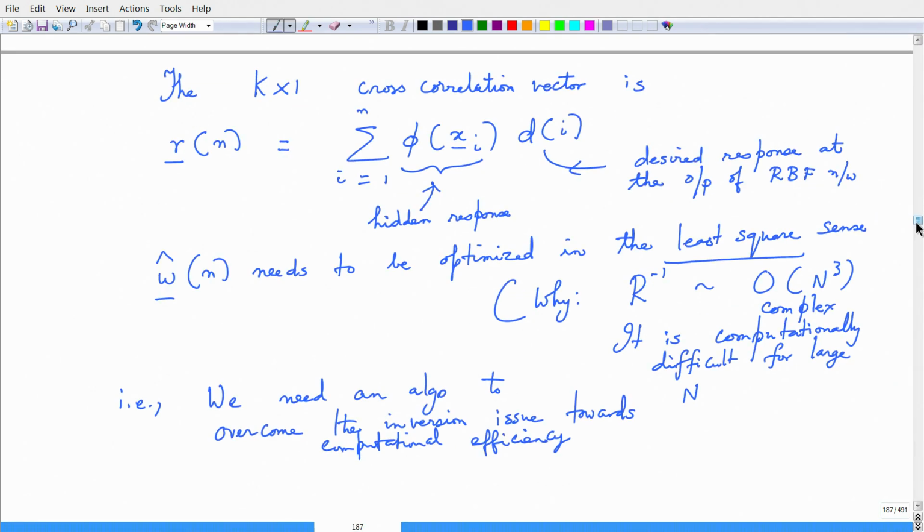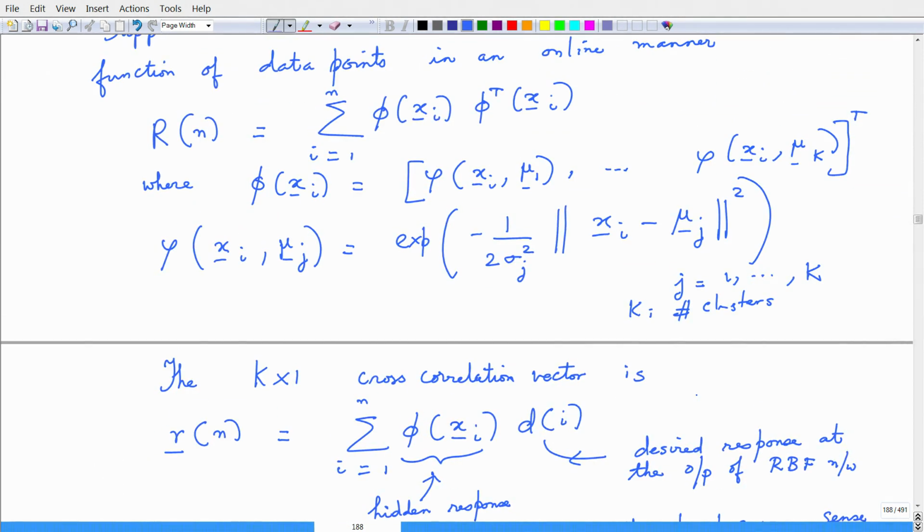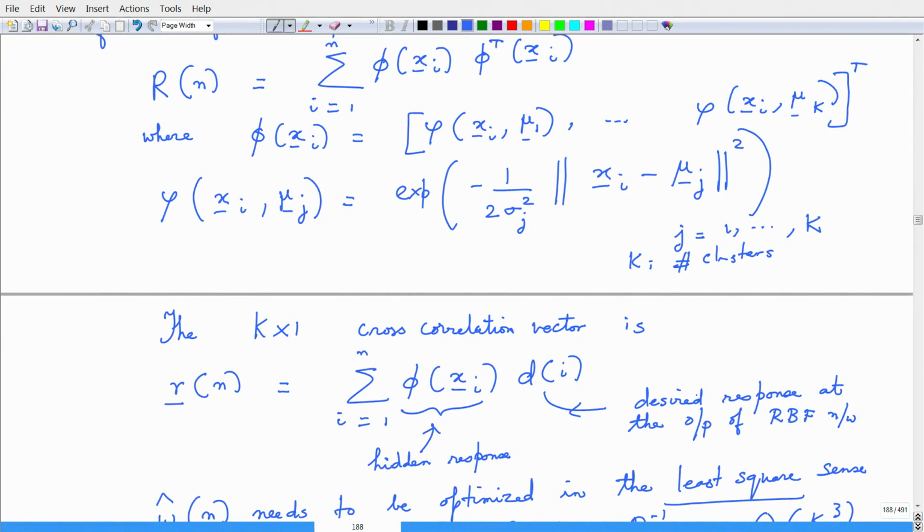Yeah, before I end the slide, a small detail: R is of dimension k by k, right. It is not n. I just wrote order n cube here, but to be slightly more precise, the inversion of R is order k cube, because if you look at phi of xi times phi of xi transposed, you have a k by 1 times a 1 by k, which is a k by k matrix, and you are adding all these k by k matrices, right.